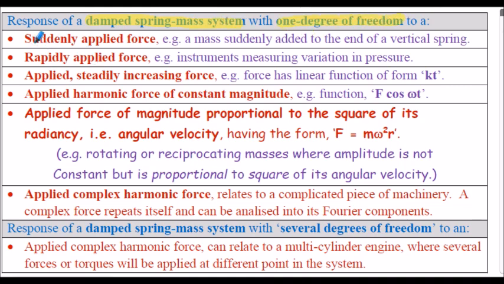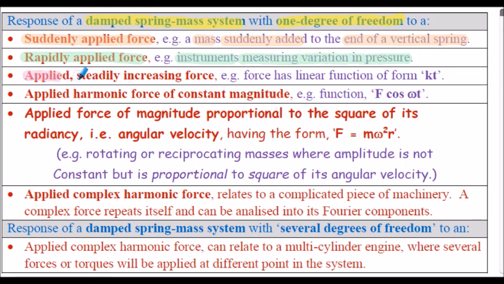So a first scenario would be a suddenly applied force. This would be an example of a mass suddenly added to the end of a vertical spring. A rapidly applied force. This tends to relate to instruments that are measuring, for example, variation in pressure.